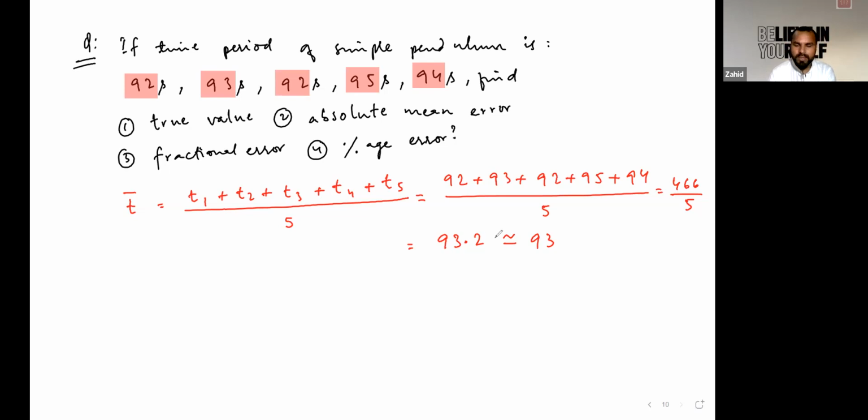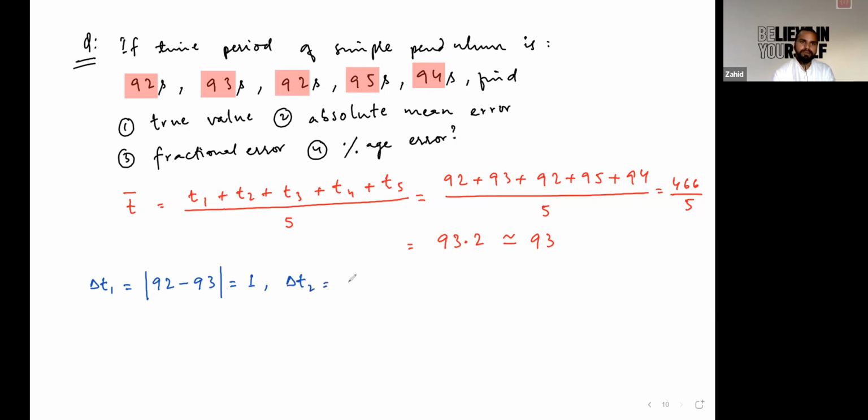Good. Now we have to take deviation. Deviation means difference. Let's say delta T1, which is nothing but modulus of T1 minus T bar. So 92 minus 93 is minus 1, but this is modulus, which means I have to take only the positive part, so it will be just plus 1.